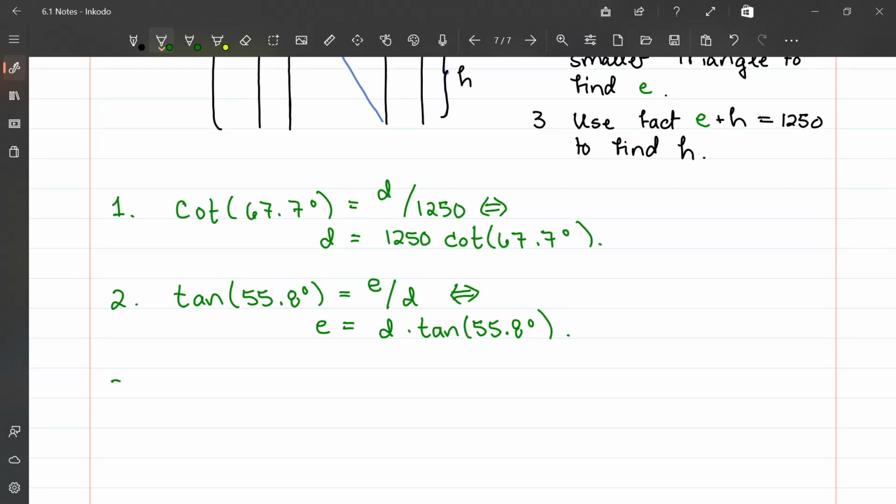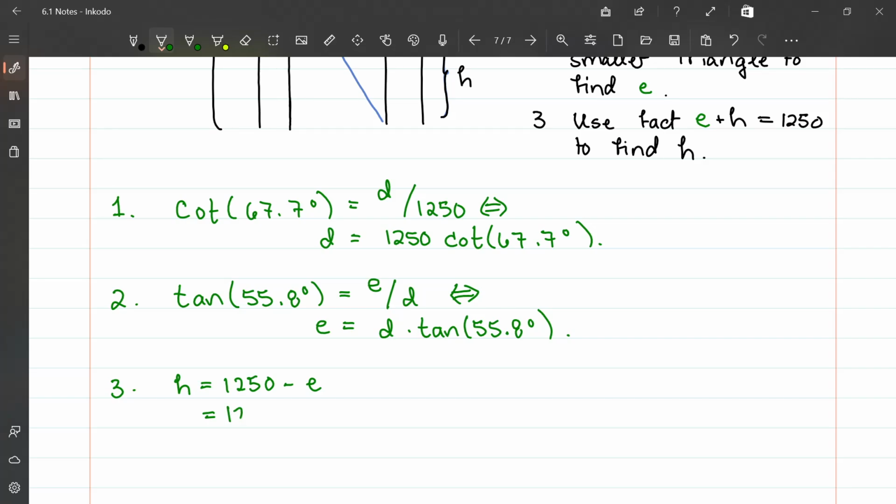Finally, step three. Now I could write down the original equation I put here, that E plus H is equal to 1250, but I think everybody knows what I'm going to say. H is what I get when I take 1250 and I subtract E from it. Now, just to be clear, because we have gone through a couple of steps, what does that mean?